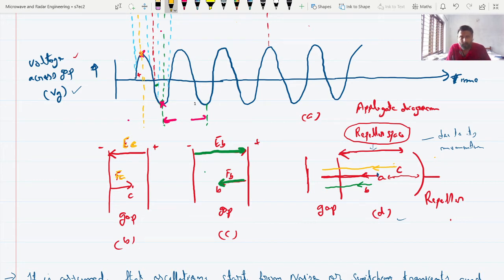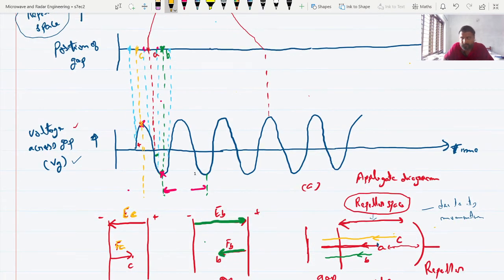Because of this maximum electric field, a force will now be acting on the electron C in the same direction as the motion of the electron C. And it is being accelerated. The electron C is being accelerated.